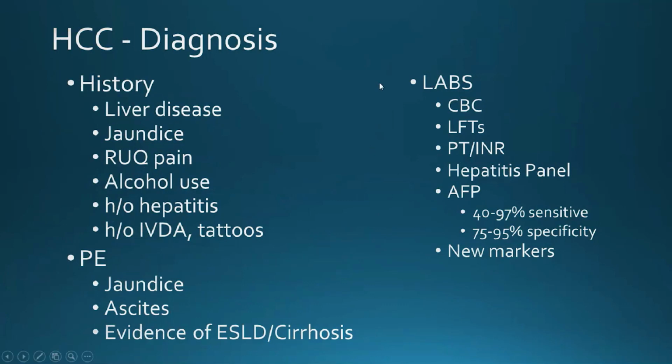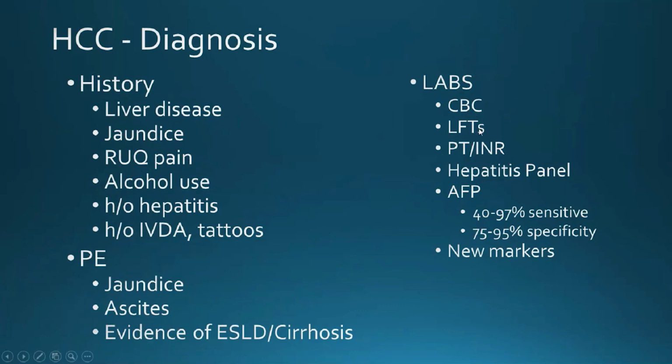And laboratory values: CBC is helpful to see what the platelet count and white cell count are. Usually in cases of portal hypertension due to cirrhosis, the platelet count is low, and that can give us a hint that there should be high portal pressure because of cirrhosis.